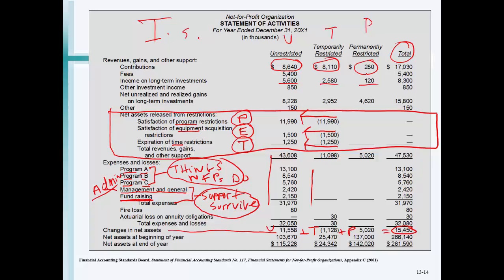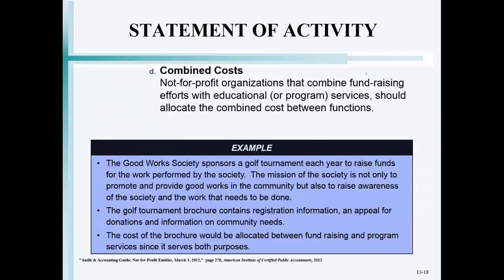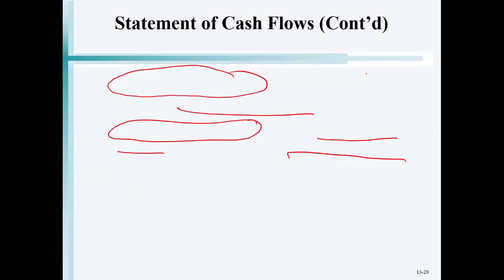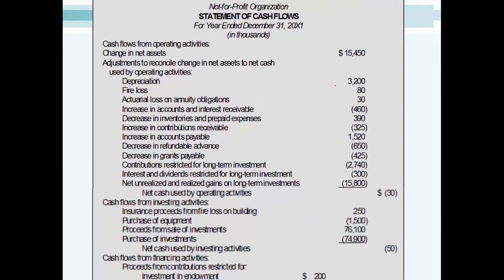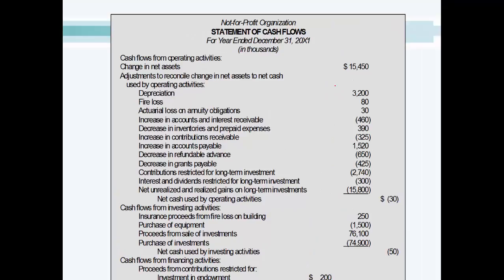So we don't start reporting by category. We don't have three columns on the statement of cash flows. We just take the total column. So we have our change in net assets, and this is the indirect method. We started out with our change of 15450.